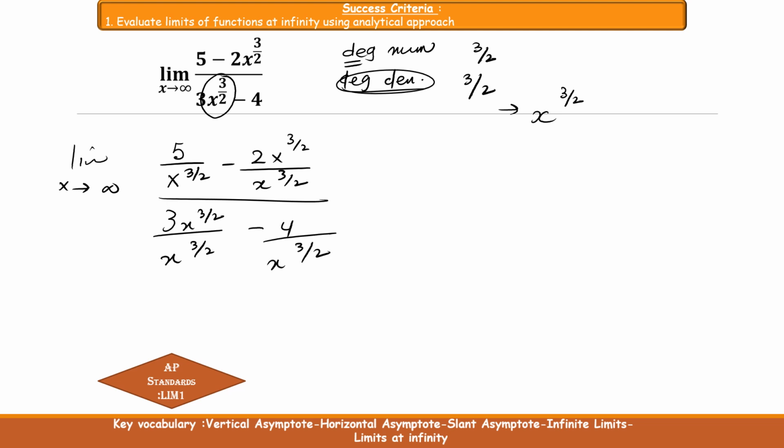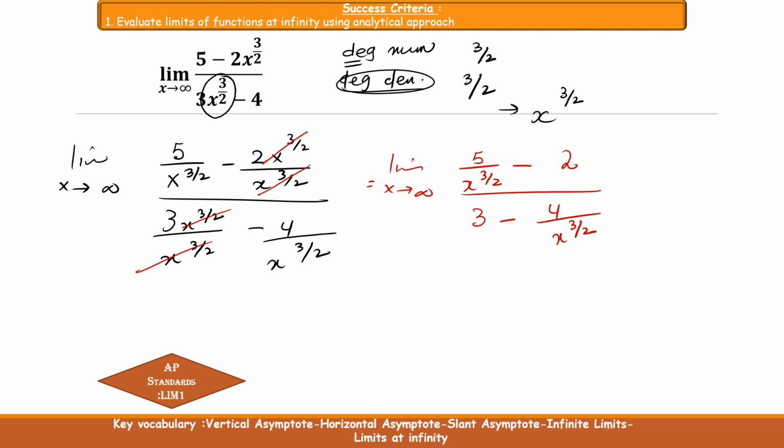Now you can solve. How can you solve? This x power 3 by 2, x power 3 by 2 cancel. Now let's check what is left. So 5 over x to the power of 3 by 2 left, minus this cancels, so only 2 left. Down only 3 left, minus 4 over x to the power of 3 by 2.